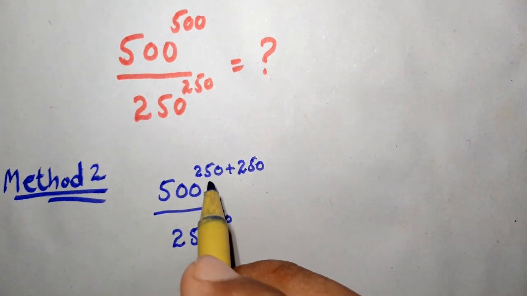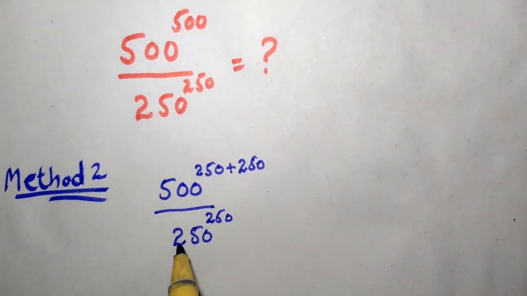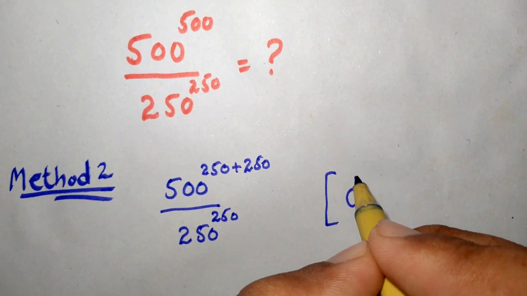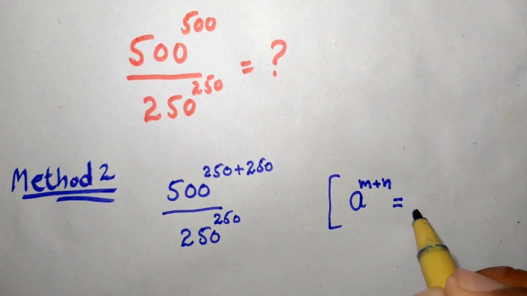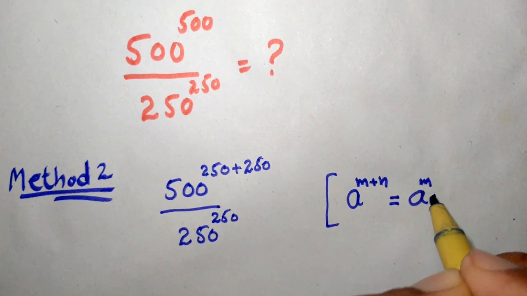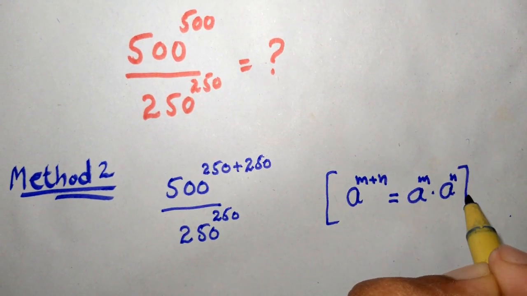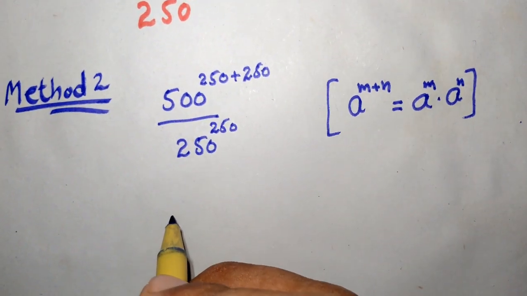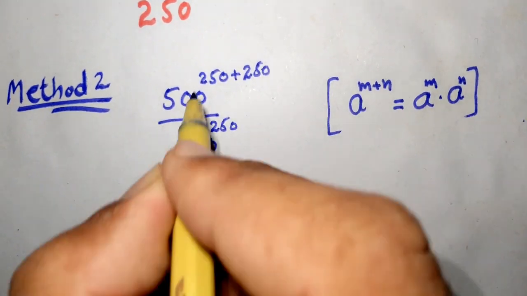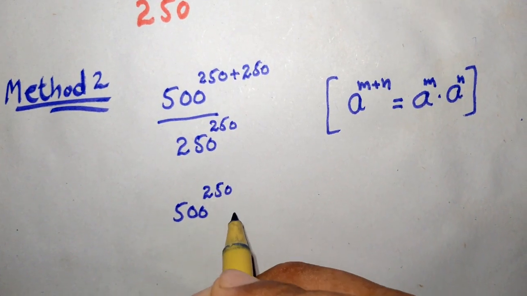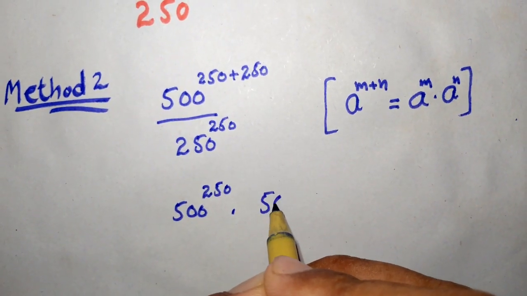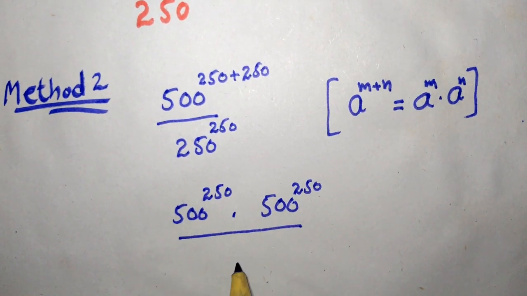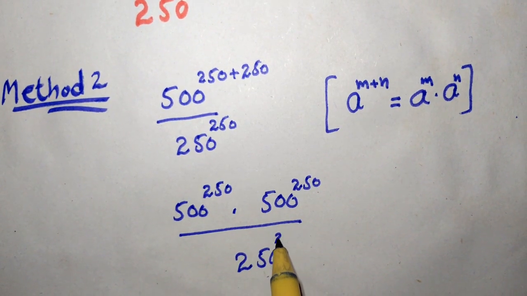Here we know that a to the power of m plus n is equal to a to the power of m times a to the power of n. So this will become 500 to the power of 250 times 500 to the power of 250 divided by 250 to the power of 250.